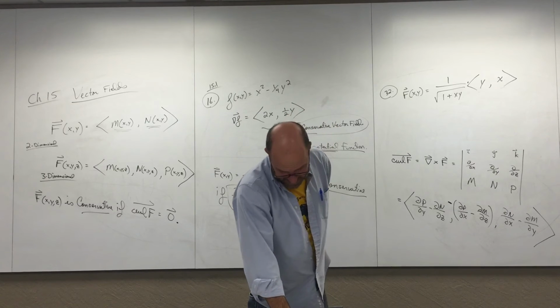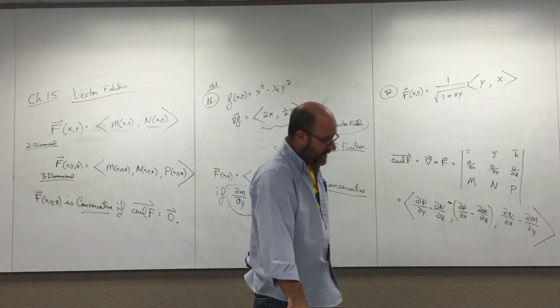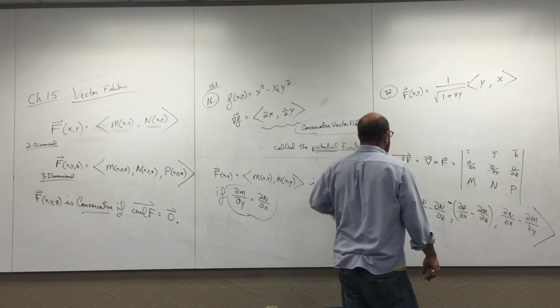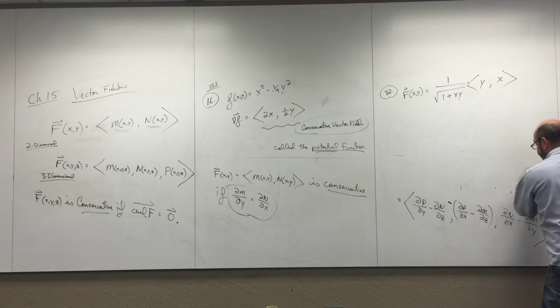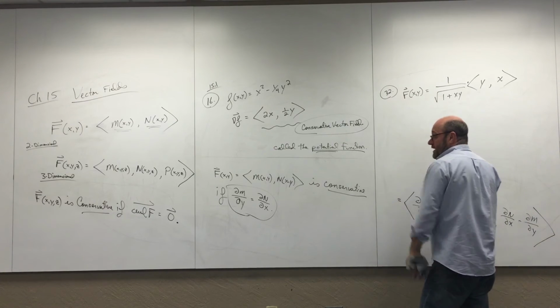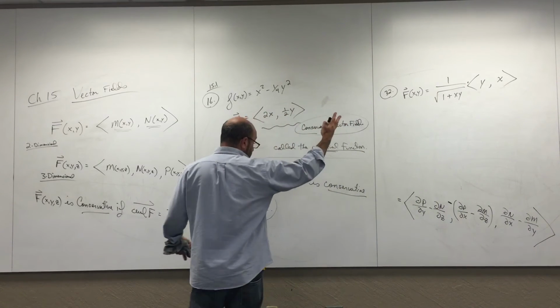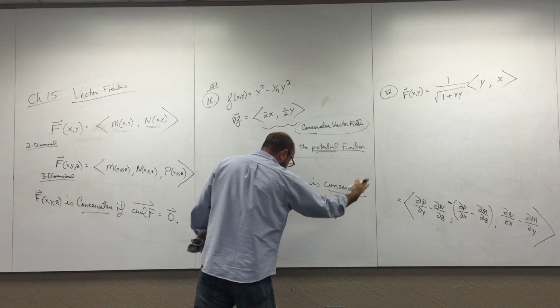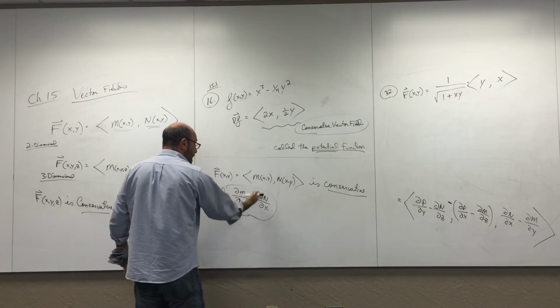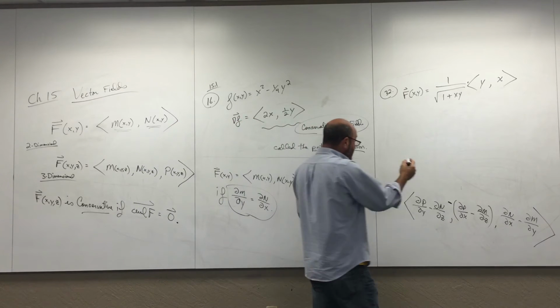What's the question? Is it conservative? Well, how do I tell if it's conservative? Some derivatives. I need dM/dy and dN/dx. If it's a 2D vector field, which it is, I don't need the curl. I need just dM/dy and dN/dx. That's going to take a little work.